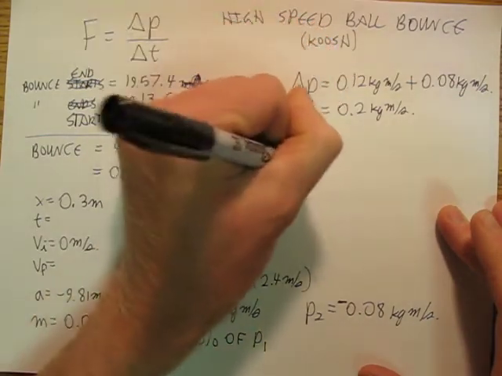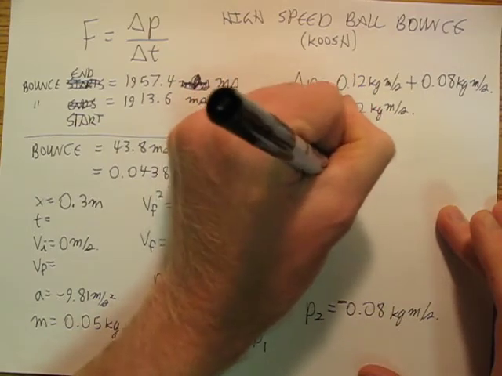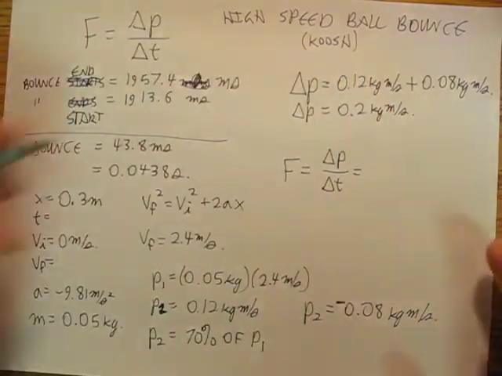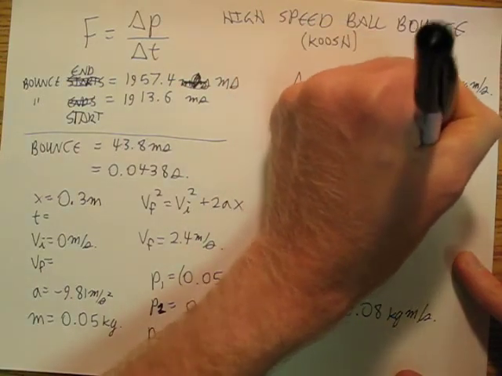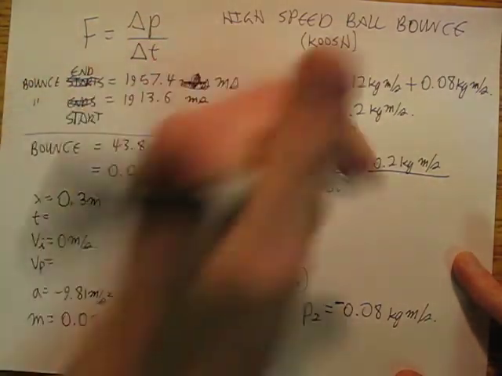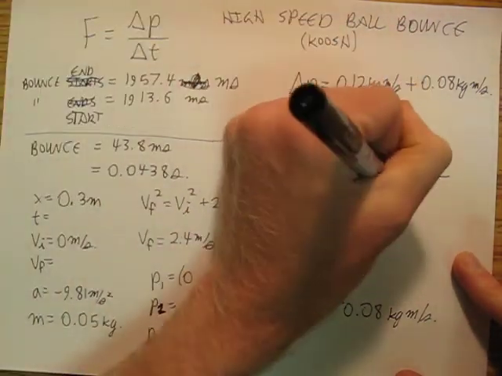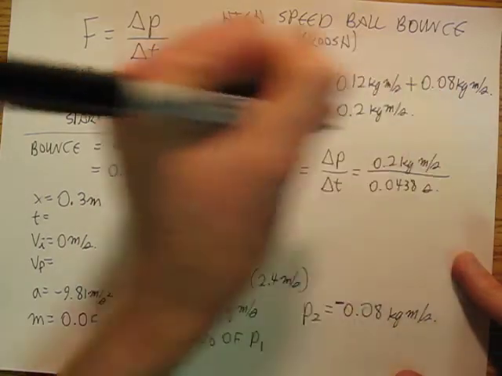And so I'm going to see that my force is going to be change in momentum over change in time. So it's going to be 0.2 kilogram meters per second divided by 0.0438 seconds.